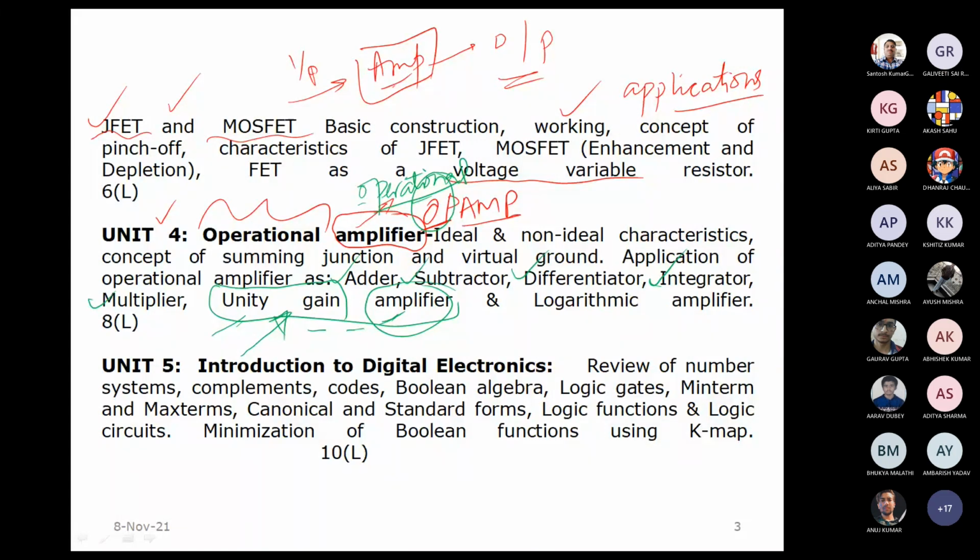Gain is a factor defined as output upon input. So it is unity for this kind of amplifier. These amplifiers find application as something called a buffer. We will see what we mean by a buffer and what its utility is.